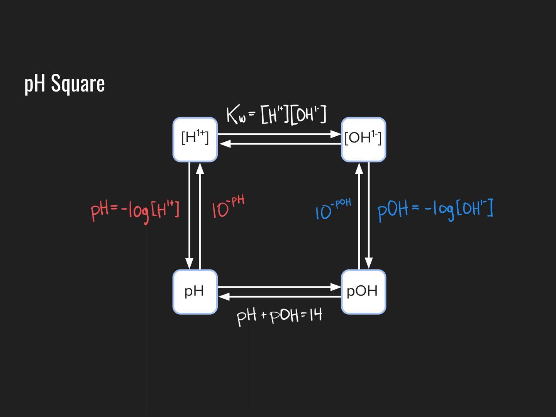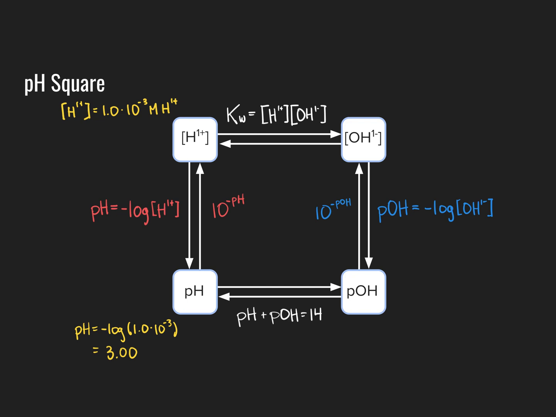Imagine for a quick moment here that we have a hydrogen ion concentration in our solution of 1.0 times 10 to the negative third molar. If I wanted to go from that hydrogen ion concentration to a pH, I would simply take the negative log base 10 of that value, 1.0 times 10 to the negative third, which gives me a pH of 3.00.